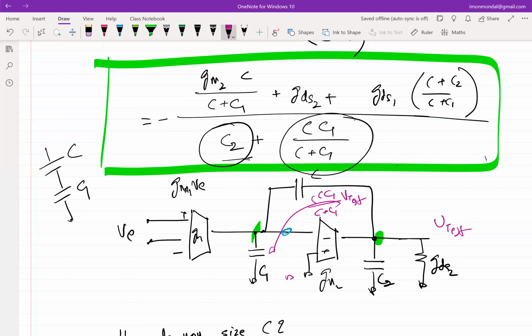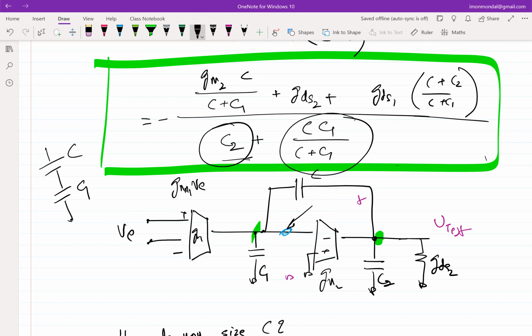But the more interesting thing that happens is this. What is this voltage? If I neglect GDS1, what will that voltage be? It's a voltage divider, right?